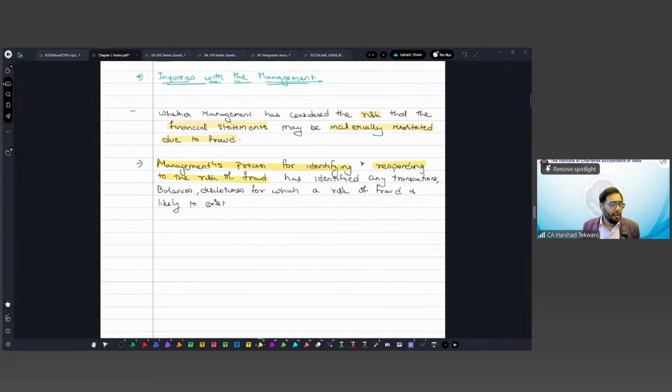Okay, so management's process of identifying and responding to the risk of fraud. And as you said, we will do communication with those charged with governance. We will communicate with the management itself, and we will also check management's communication with those charged with governance. For example, let's say it's a big company where you have investors. We will ask them, tell me what you have discussed with the various stakeholders and investors about the fraud.